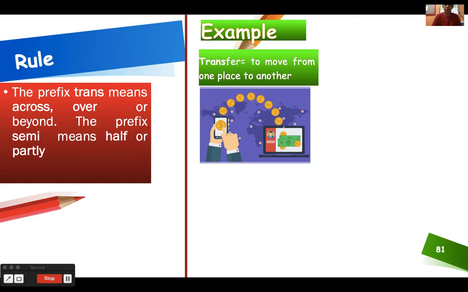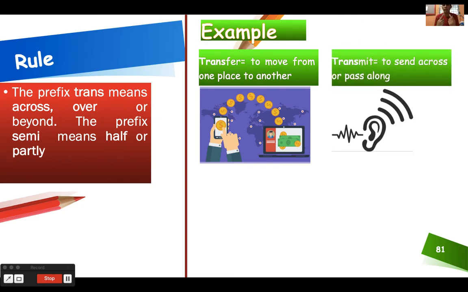We have examples. Transfer: to move from one place to another. When you are making a transfer, for instance of money to a bank or something like that, that means trans. If you see across, over, or beyond.